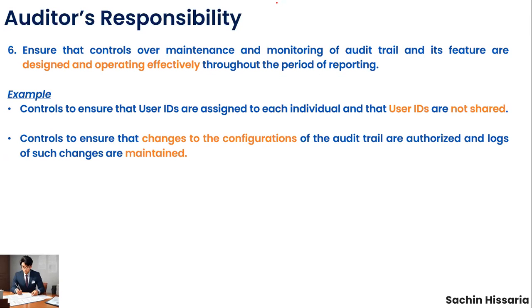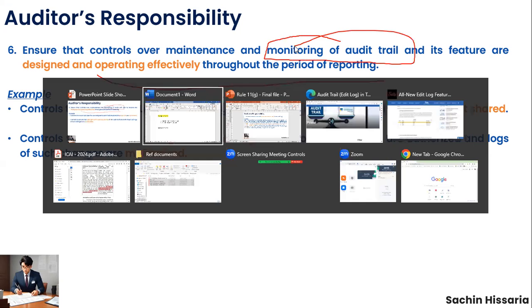Okay. Now the next control here is that we need to ensure that control over the maintenance and monitoring of the audit trail and its features are designed and operating effectively throughout the period of reporting. So now here as an auditor, we need to ensure whether organizations are doing the monitoring of the audit trail or not.